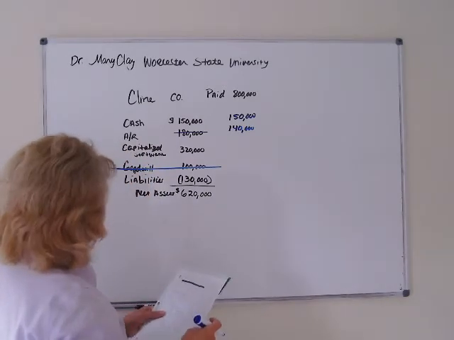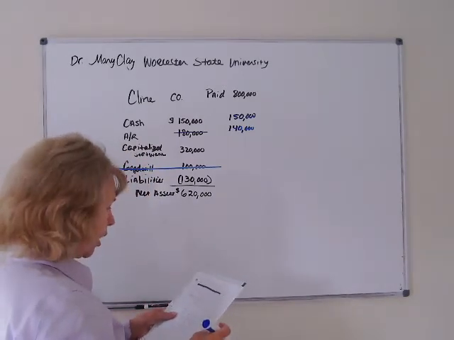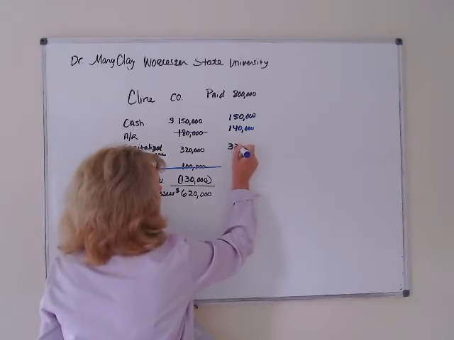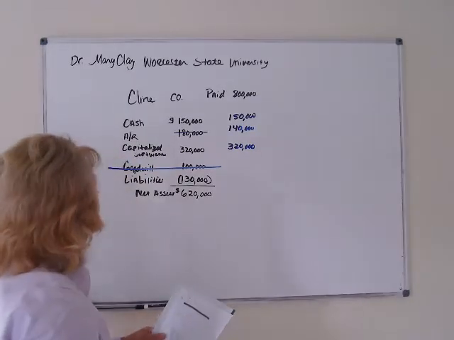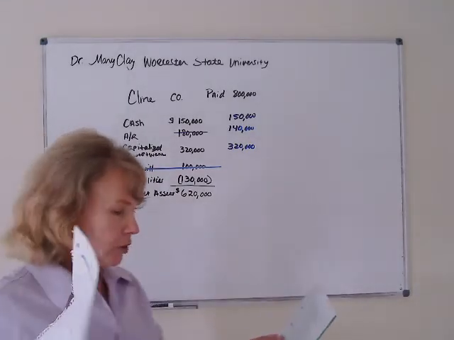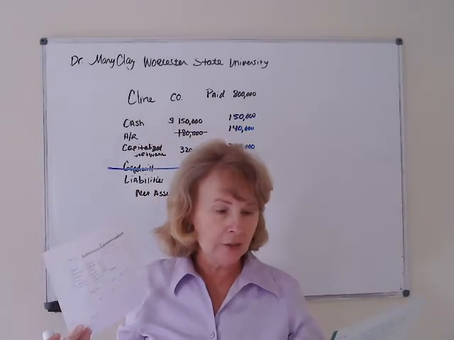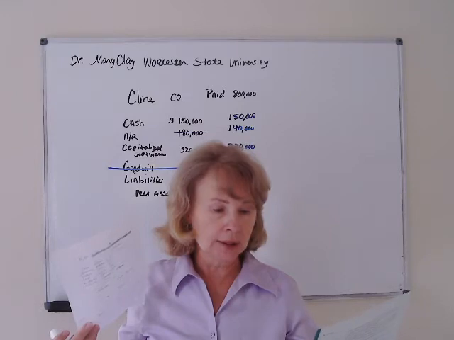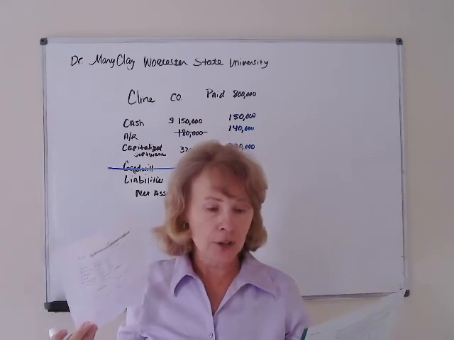Next, I go to capitalized software. All right, hasn't changed, $320,000. Okay, all right, but now I look down and I look to see if they had an asset that was not on the books. And they do.